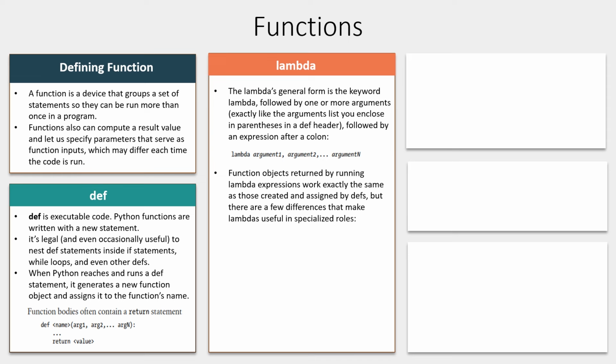But there are a few differences that make lambdas useful in specialized roles. A lambda can appear in places a def is not allowed by Python syntax. Example, inside a list literal or a function call's argument.